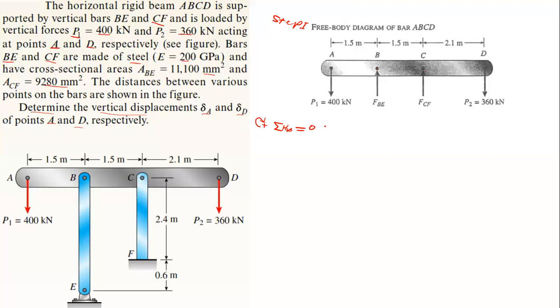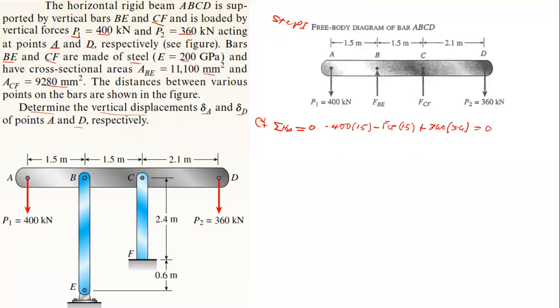So this is equal to negative 400 kilonewtons times 1.5 meters, minus force of CF times 1.5, because this is 1.5 from point B, plus 360 kilonewtons times 3.6 meters is equal to 0.